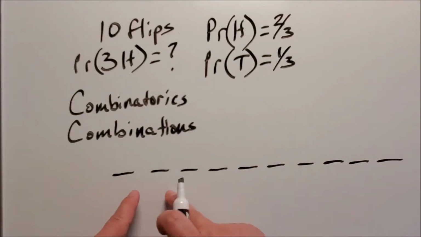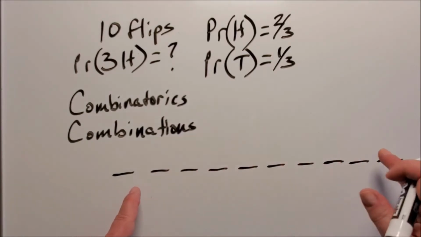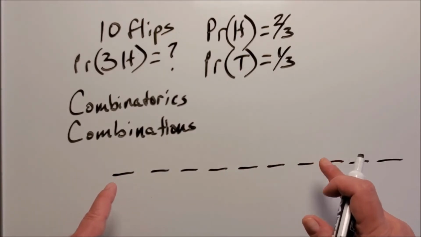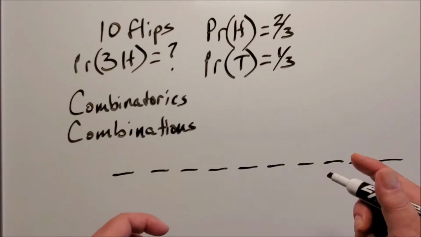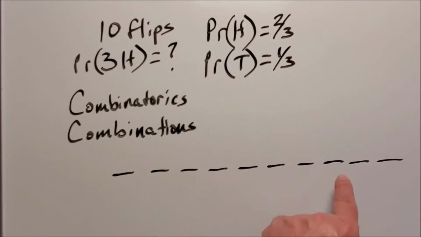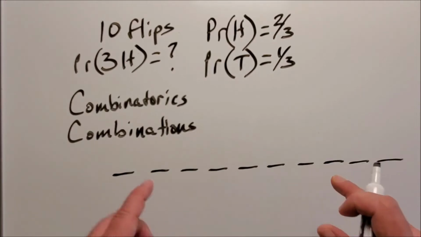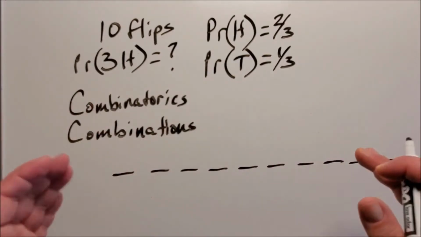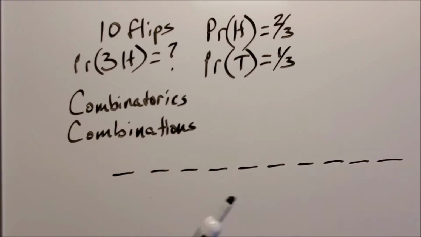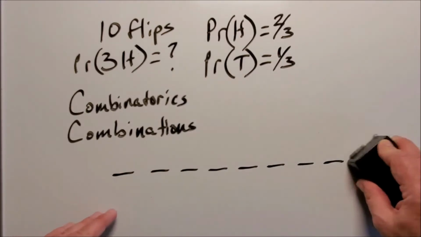So we have 10, let's call them seats or potential locations for our 3 heads to settle in. And all the rest will be tails. We could have heads here and heads here and heads here, or heads here and here and here, and so on. You get the idea of that randomness. We're going to use a formula called the combinations formula, and it looks like this.